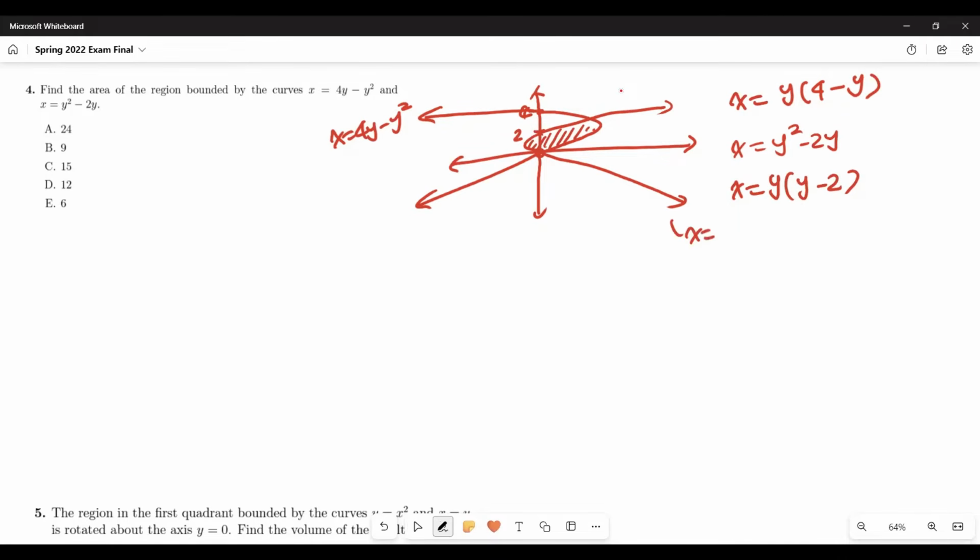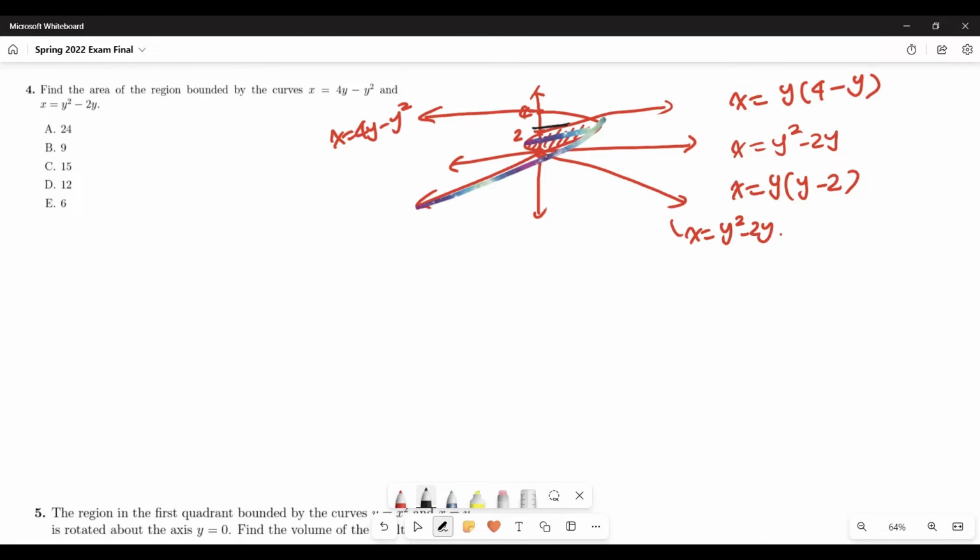And the graph is x equals y squared minus 2y. So area is basically the farther one minus the smaller one, right? So if I draw it, this is the bigger one, which is 4y minus y squared, and the shorter one is going to be this one, right?